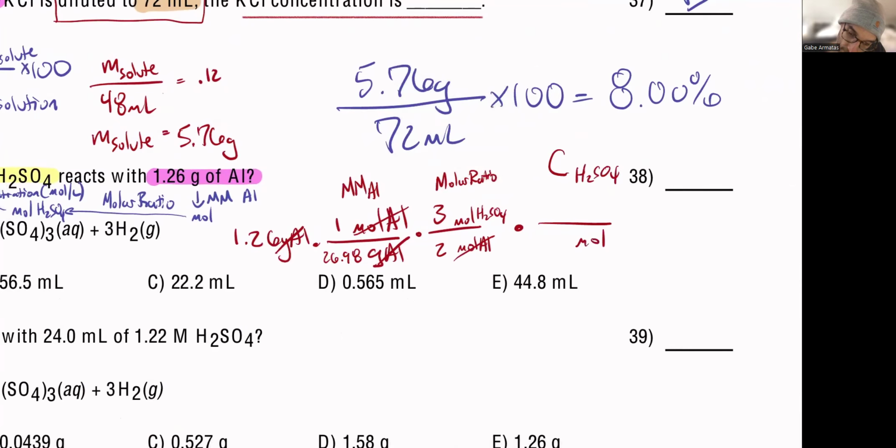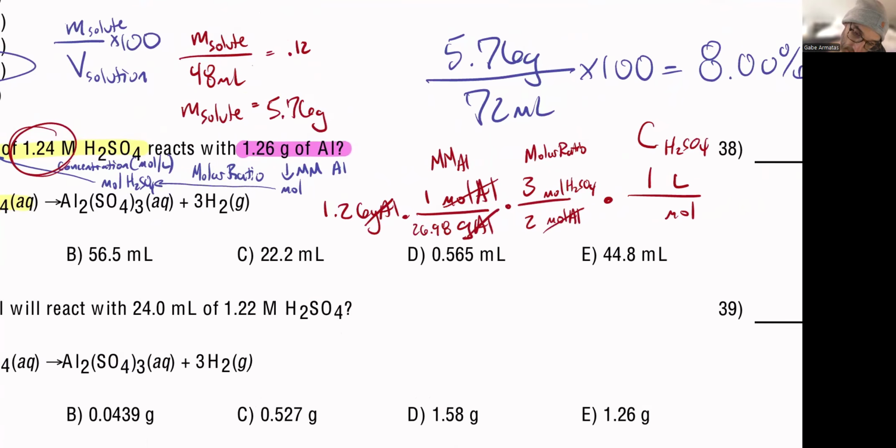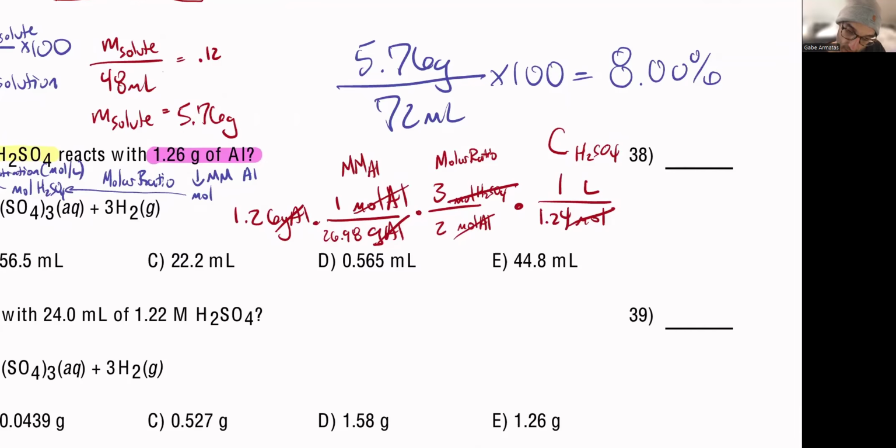Moles on the bottom, liters on the top. 1 liter of H2SO4 is 1.24 moles per liter. That's the concentration. Moles cancel, and I'm left with liters. And it looks like it wants the answer in milliliters, so let's get the answer in liters, and then we're just going to convert it in our heads.